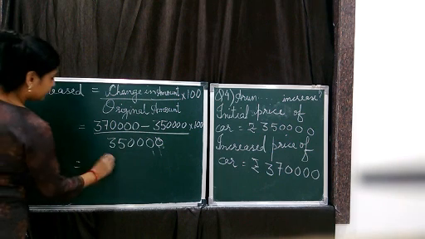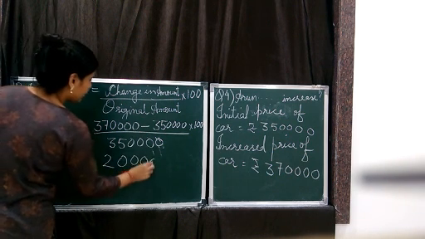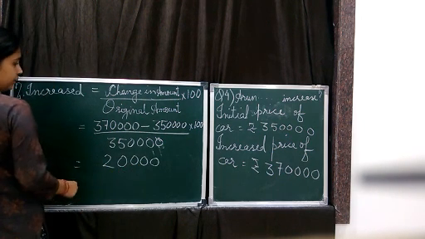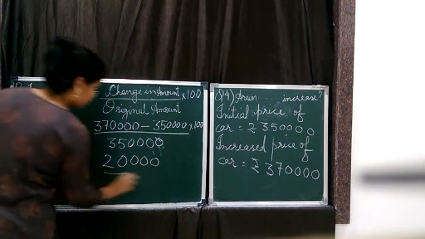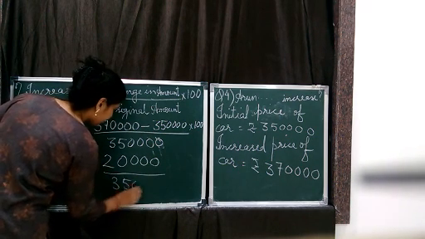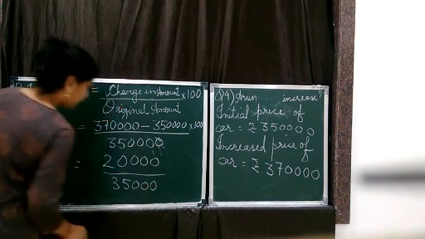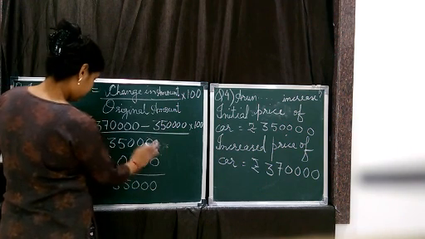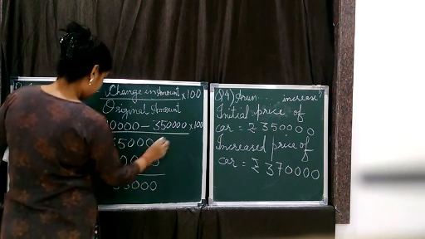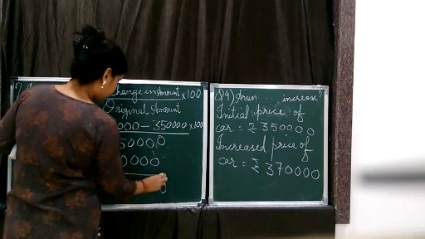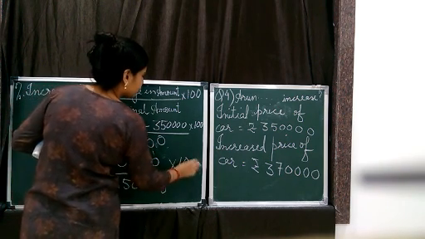Going to subtract, it comes out to be 20,000. Correct? Yes. 20,000 upon 3,50,000, not 35,000. 3,50,000 into 100.